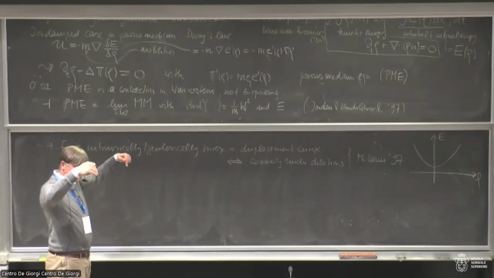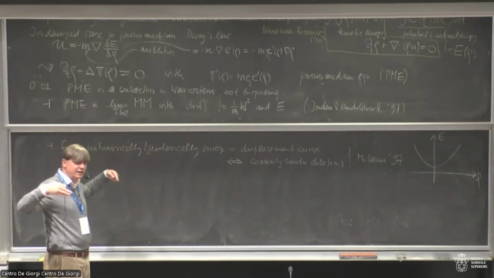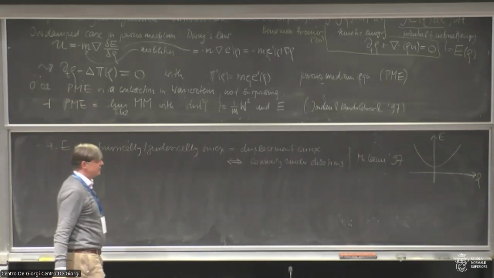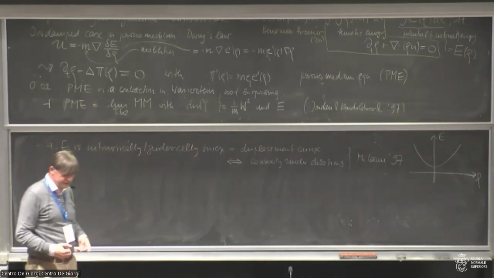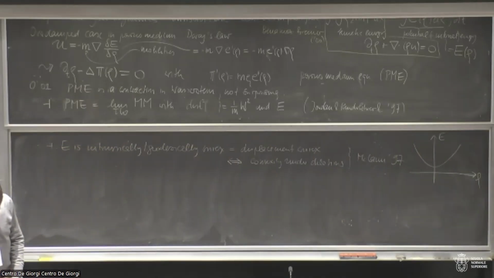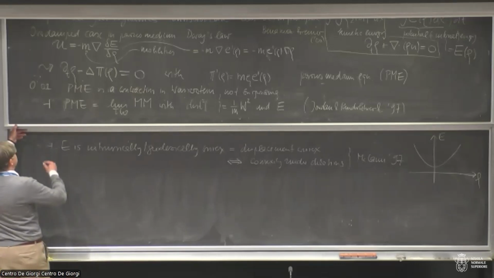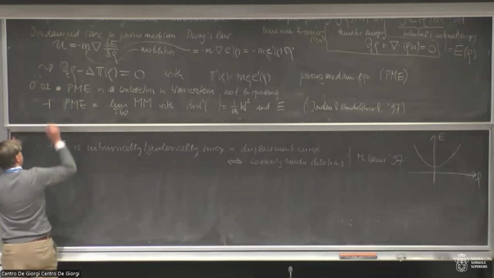And therefore, if you look at the steepest descent in a convex landscape, you get contractivity. And in fact, that can be used to show, in a pretty quantitative way, that the asymptotic behavior of the porous medium equation is given by what is called the Barenblatt solution, so the self-similar mass-preserving solution. So that was one observation from this paper.